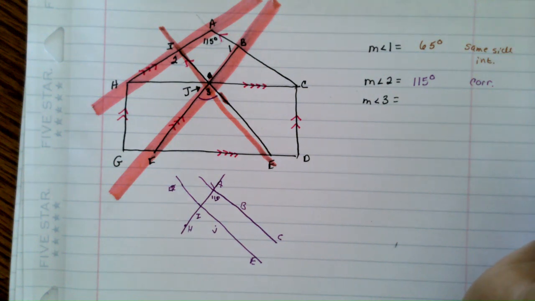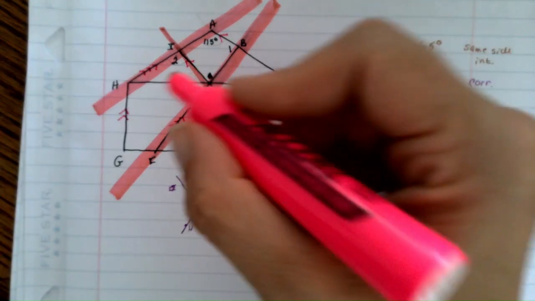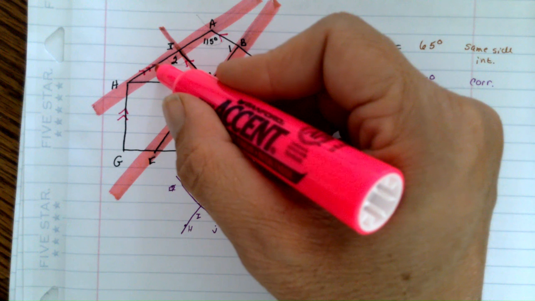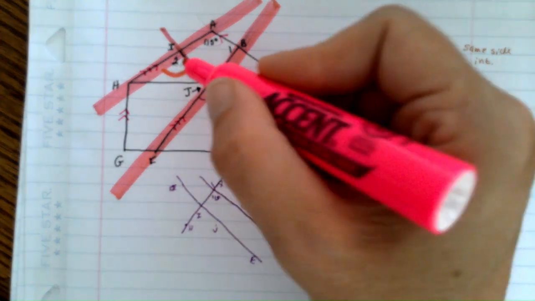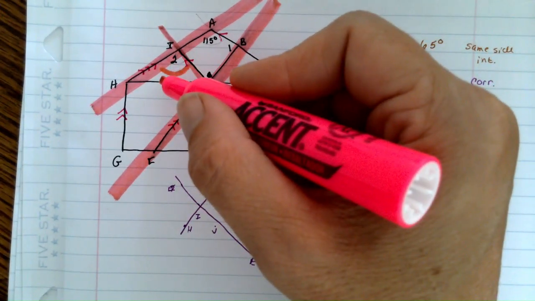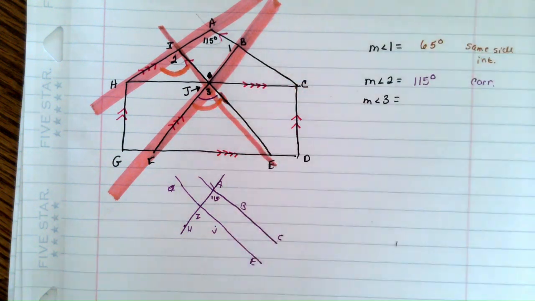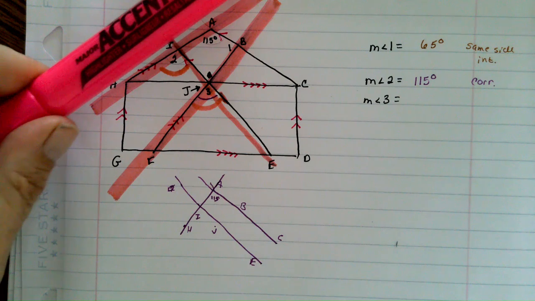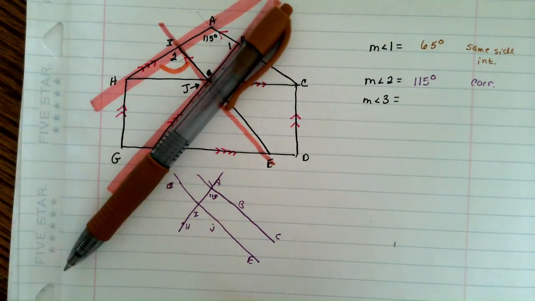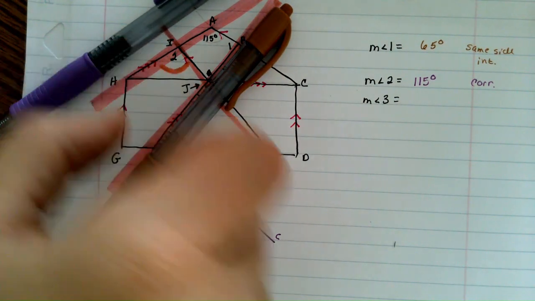Well, what do you notice about angle 2 versus angle 3? I notice the angle 2 is below the parallel line on the down part of the transversal, and angle 3 is in the same position. So again, we have our parallel lines. Should always do 2 pens for that. The lines are parallel.